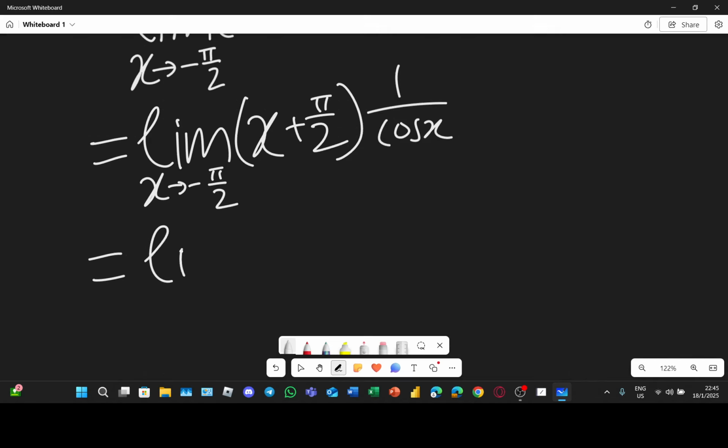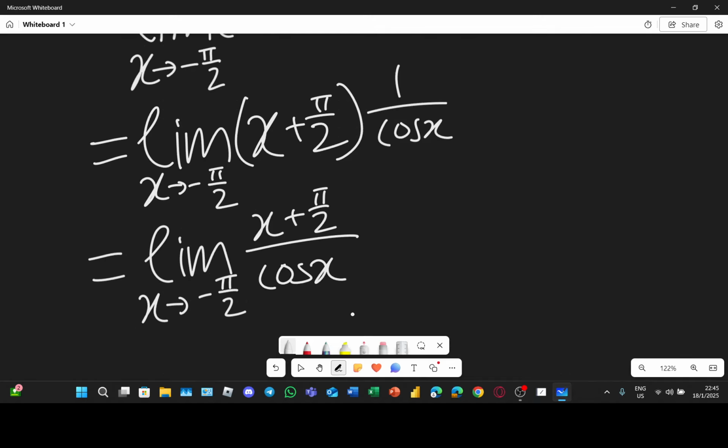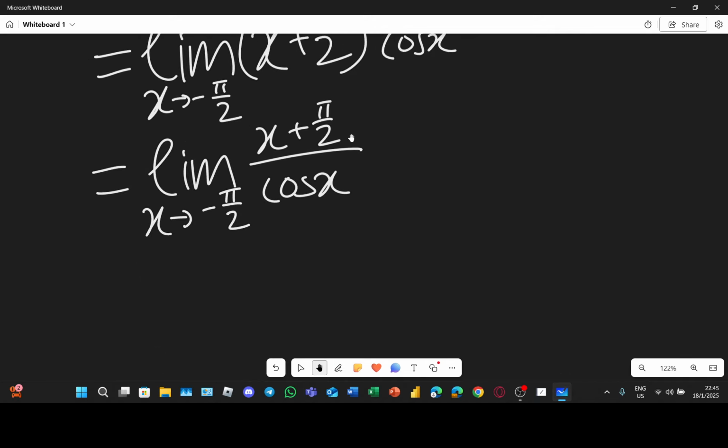So what we will get is ultimately a rational function, which is (x plus pi over 2) over cosine of x. We did a direct substitution earlier on, and we found out that the numerator leads to 0, and the denominator leads to 0, so we can tell that this is an indeterminate form. And because it's an indeterminate form and it is a rational function, we can apply L'Hopital's rule.